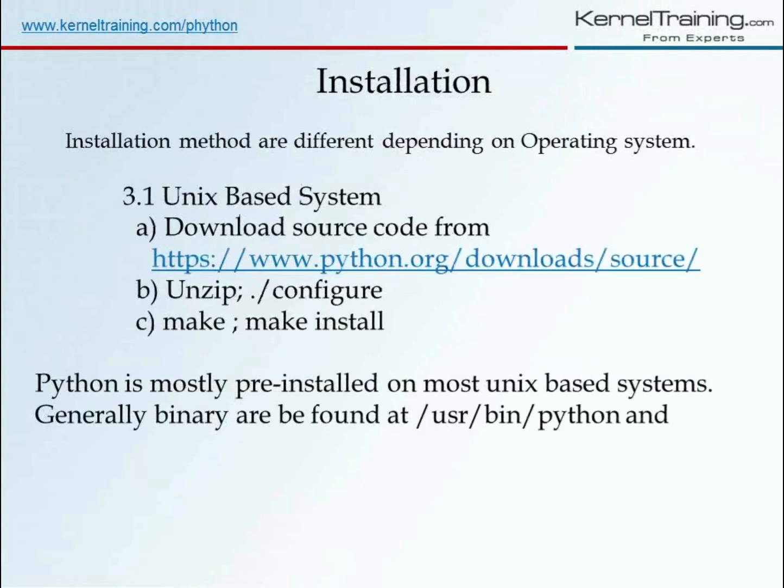So like I said, for Unix-based systems, Python is mostly bundled. If you don't have Python on your system, you can simply go to python.org and download the source. You need to download the source and compile it.